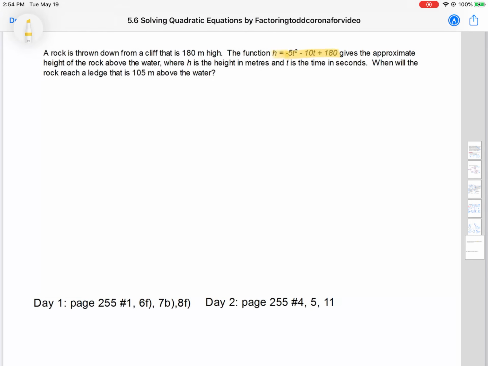Okay, so this is called parabolic motion. This is a very common formula that you're going to see. If you are into physics, you're also going to see this in there as well. So what happens is the acceleration due to gravity is 9.8 meters per second down.